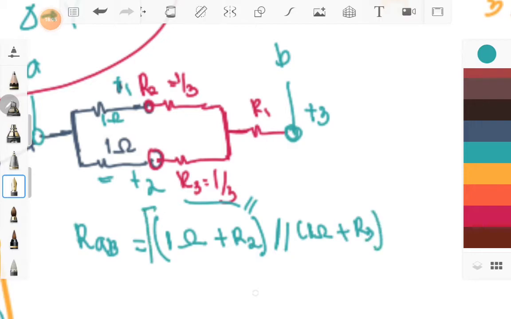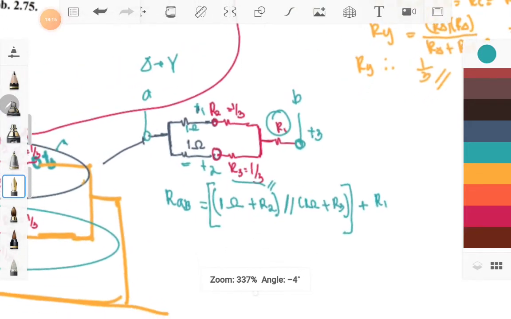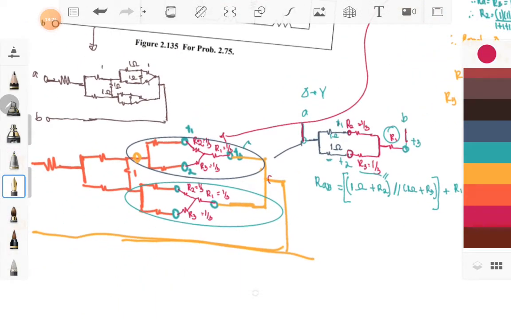And then this connection is in series with your R1. Tama? Ito. So, therefore, this is our RAB, which will be your terminal A, B.